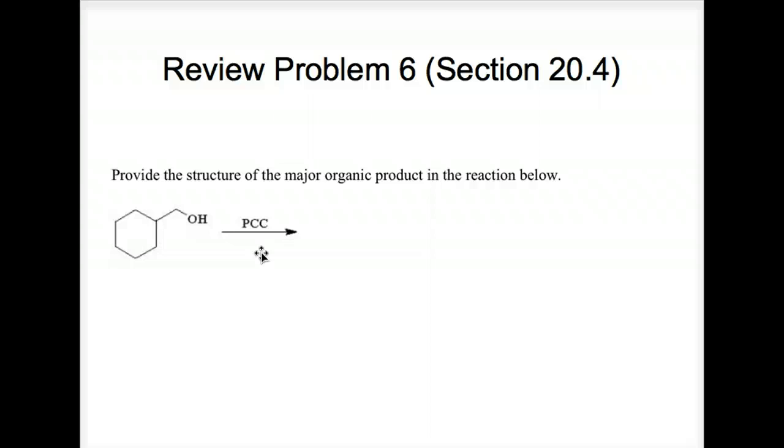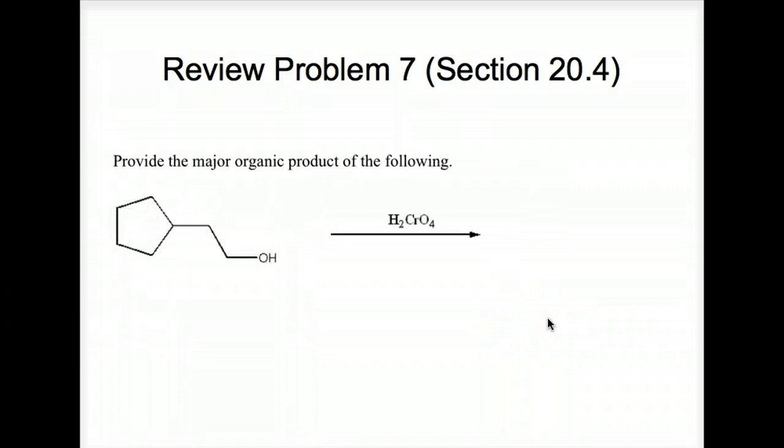PCC is a mild oxidizing agent used to convert alcohols to aldehydes. So, provide the structure of the major organic product. So we're going to get an aldehyde. We're going to undergo oxidation. This carbon becomes the carbon of a carbonyl group, and we have a proton remaining on the carbon, forming an aldehyde.